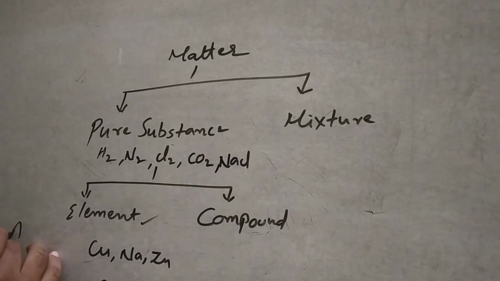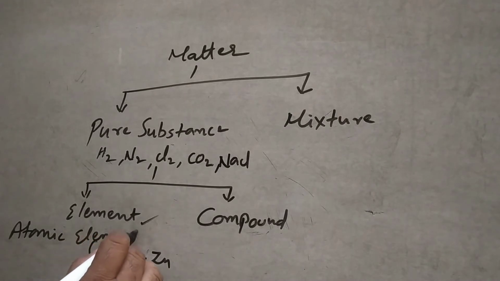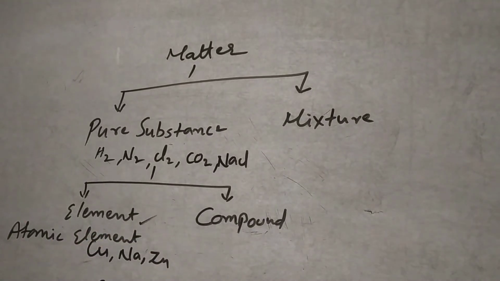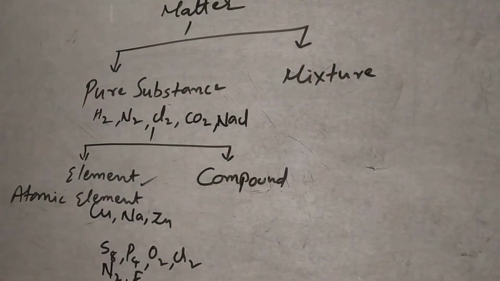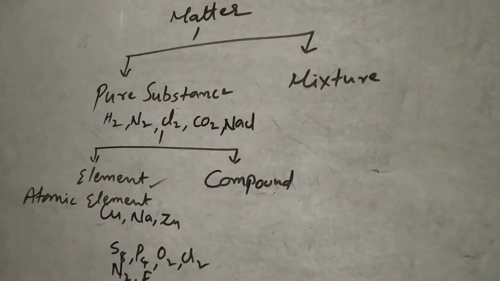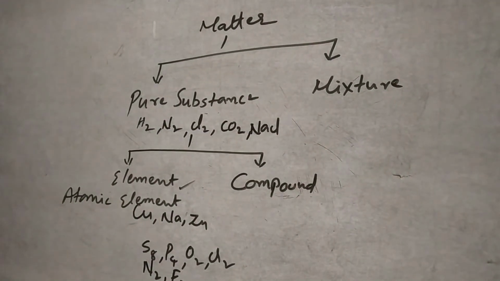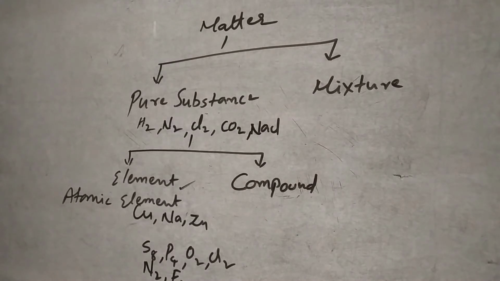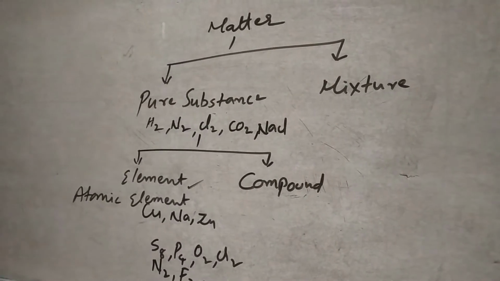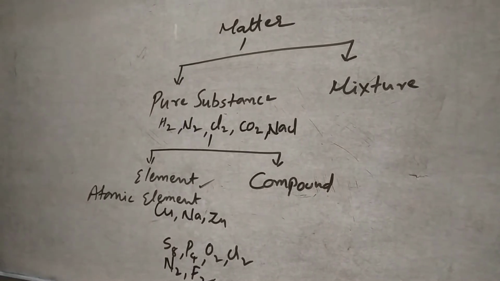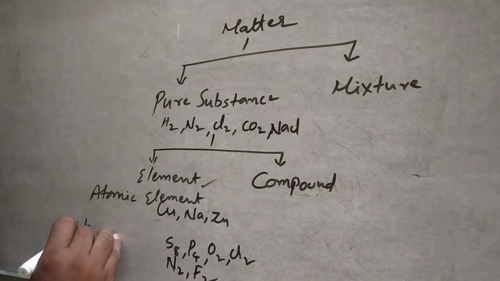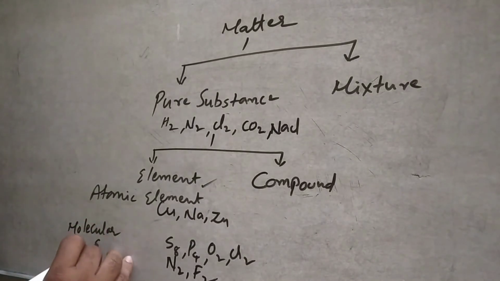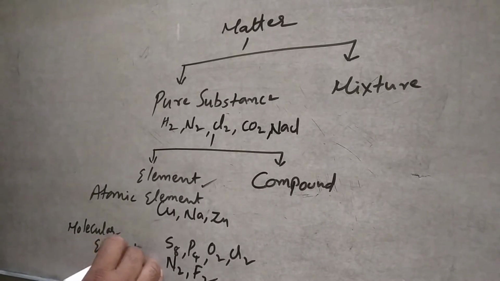Cu, Na, Mg we can call atomic elements. The next terminology: S8, P4, O2, Cl2, N2 and F2 are known as molecular elements.